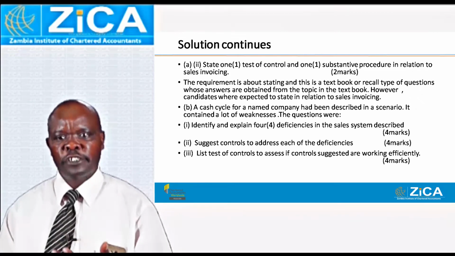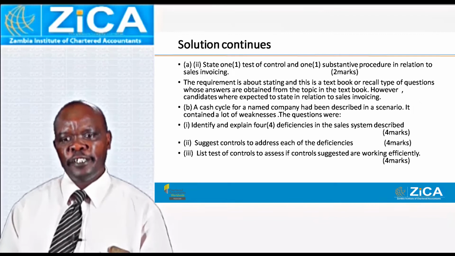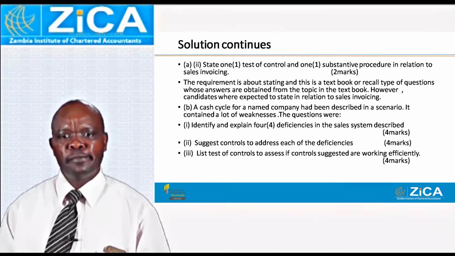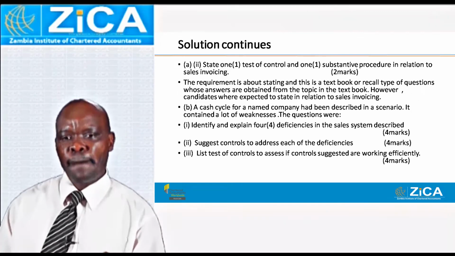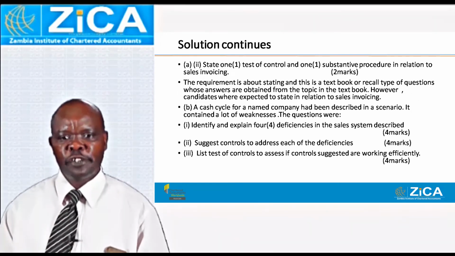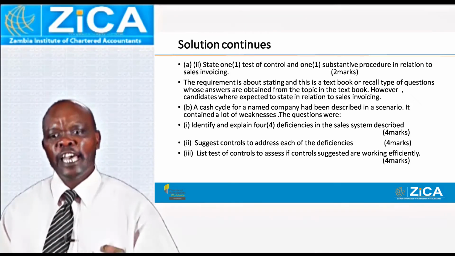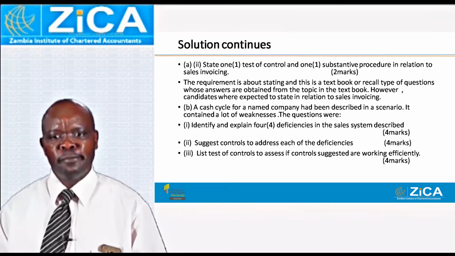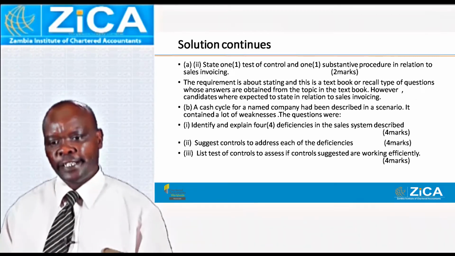And again, avoid question spotting. The fact that I said in every exam there will be a system does not mean that, because the sales system was tested last year, I should now concentrate on the purchases system. Topics in the exam can repeat. Actually, the topics that have been set before are the same topics that will be set.